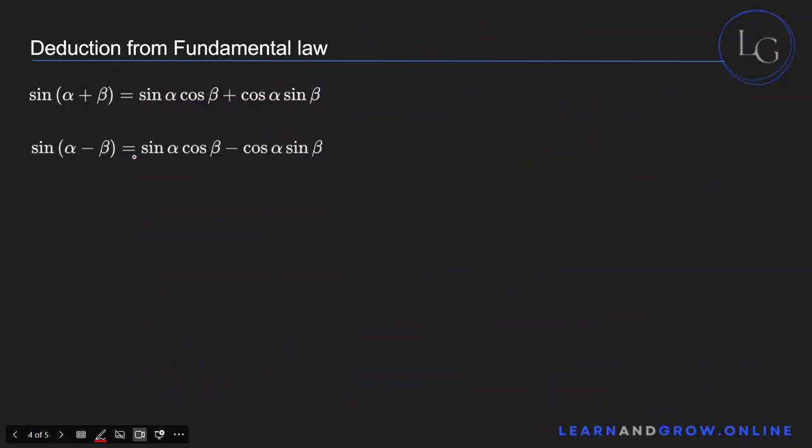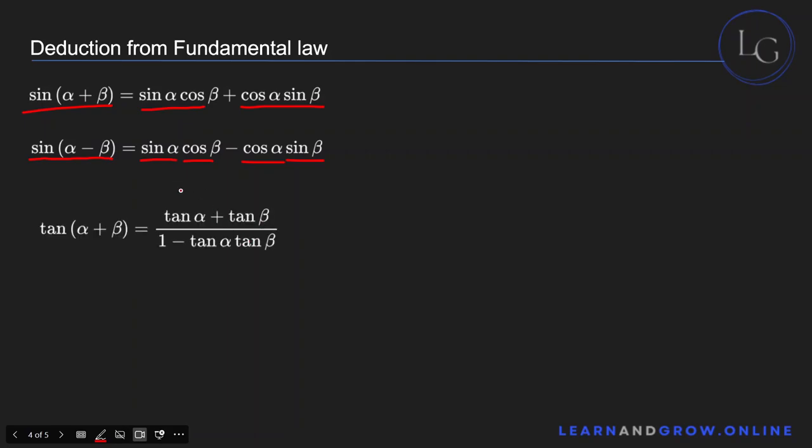Once you do the conversions from the fundamental law into sine, you get this. So basically sine alpha plus beta is equal to sine alpha cos beta plus cos alpha sine beta. Sine alpha minus beta is equal to sine alpha cos beta minus cos alpha sine beta. Okay, you can memorize these if you want to make things quicker, but just know the actual logic behind this.